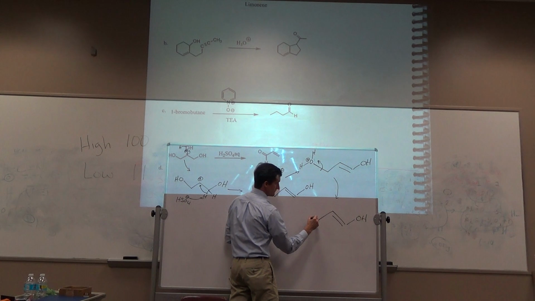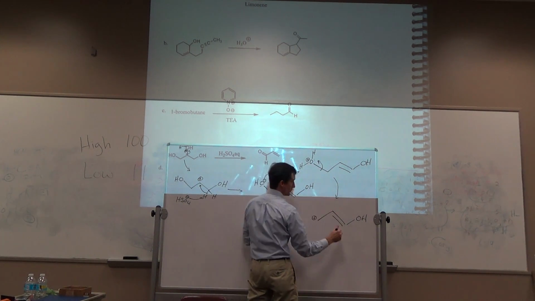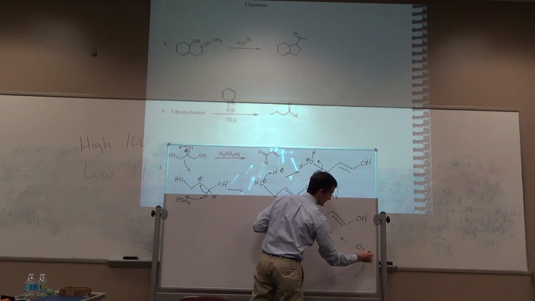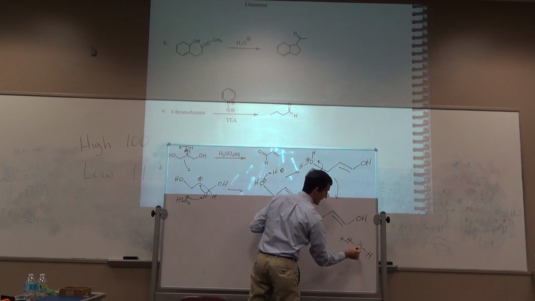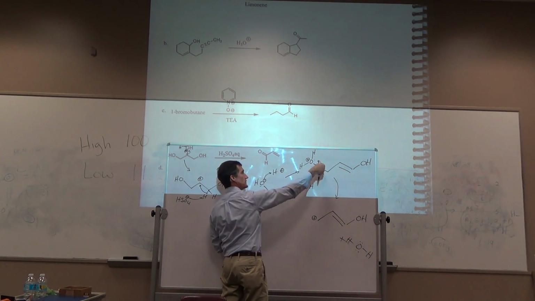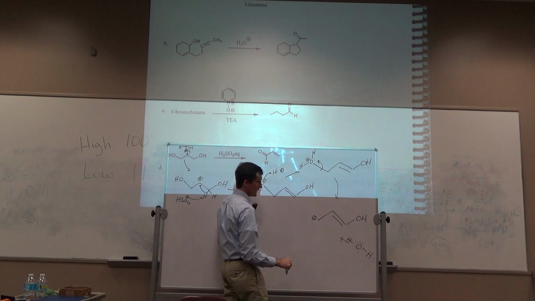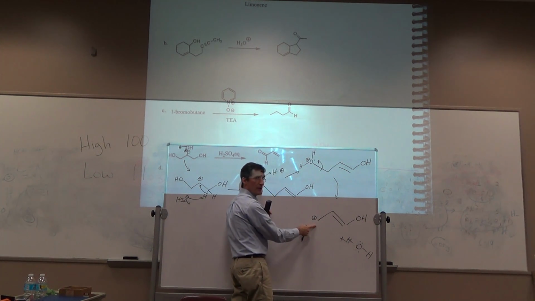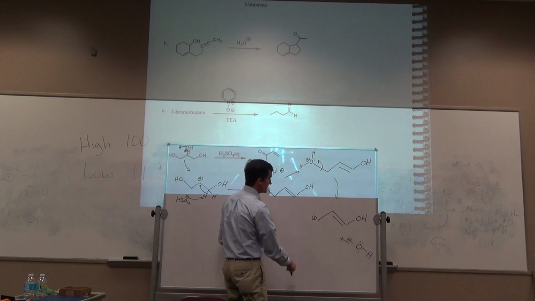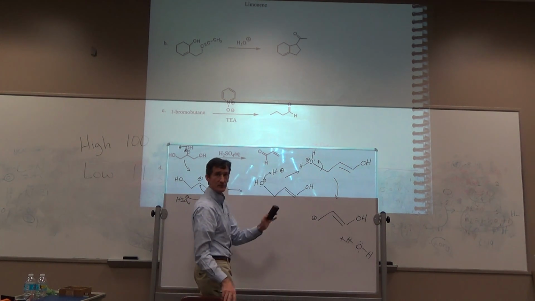What's here now? Carbocation, we lost water, H2O. We got an oxygen. The oxygen now has two lone pairs because these two electrons move on to oxygen. Is that just primary or is it better than primary? Better than primary. Let's consider resonance. Maybe resonance will help us get to where we want to go.